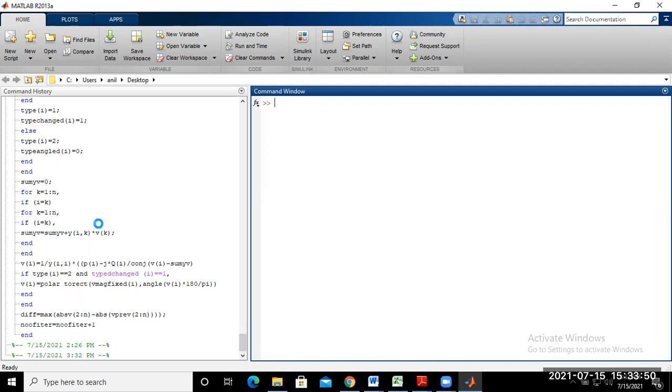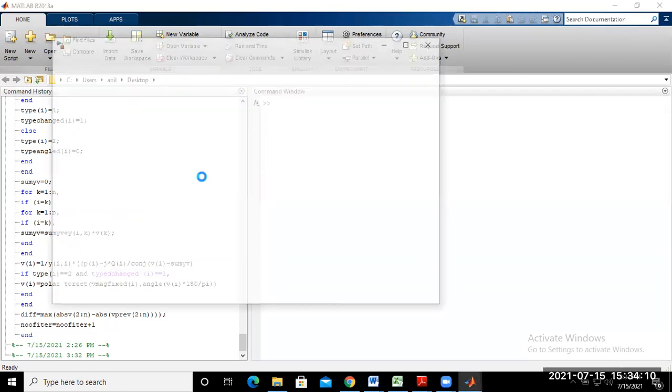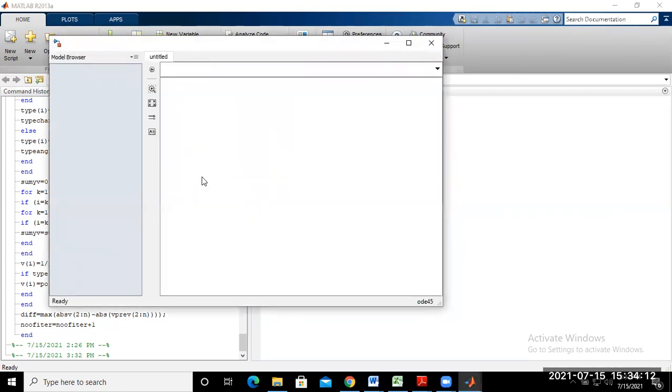Again go to the Simulink library and drag all the blocks to the workspace, creating your own new workspace. Yeah, so this is your new workspace where you simulate the circuit.